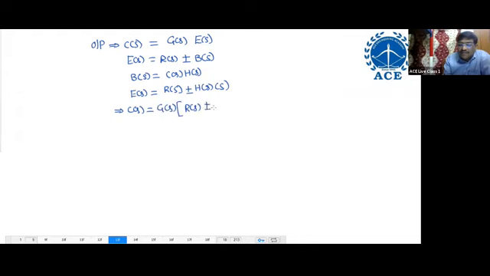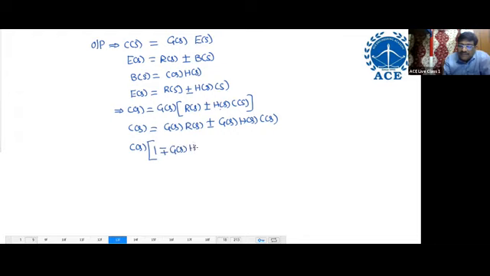R of S plus or minus H of S into C of S. Now substitute in C of S. What can I write? G of S into E of S, and E of S is R of S plus or minus H of S into C of S. Then C of S equals G of S, R of S plus or minus G of S, H of S, C of S. Take the C of S term to the other side and take it common: 1 plus becomes minus, minus becomes plus, G of S, H of S, equal to what? G of S into R of S.